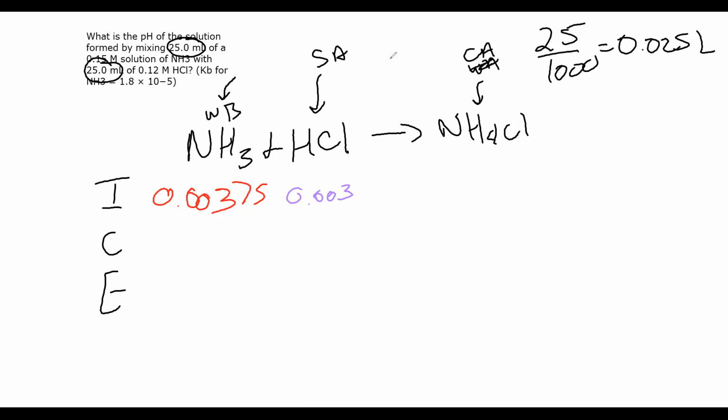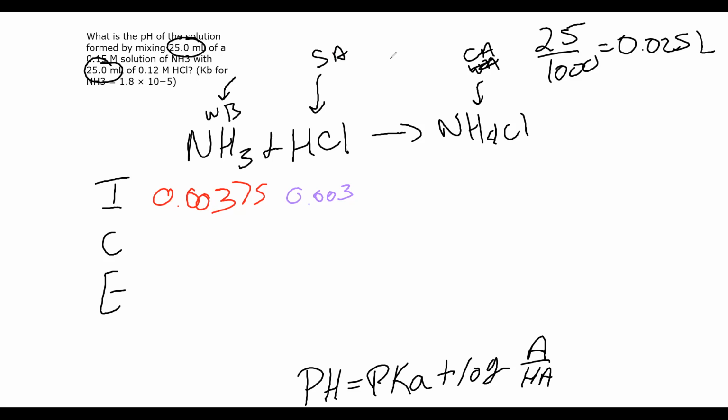I have a weak base and its conjugate acid. I'm going to get a buffer. So I'm going to use the Henderson-Hasselbalch equation where pH is equal to pKa plus the log of A over HA. So let's do this.